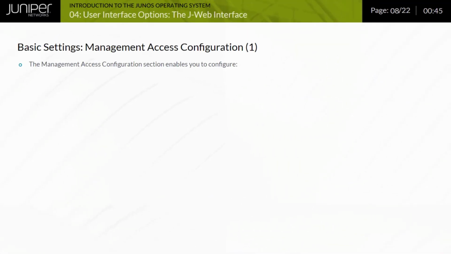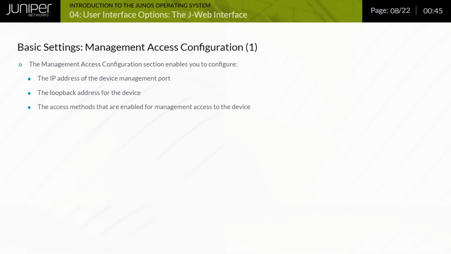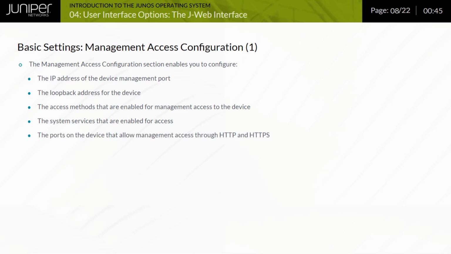The Management Access Configuration section enables you to configure the IP address of the device management port, the loopback address for the device, the access methods that are enabled for management access to the device, the system services that are enabled for access, the ports on the device that allow management access through HTTP and HTTPS.